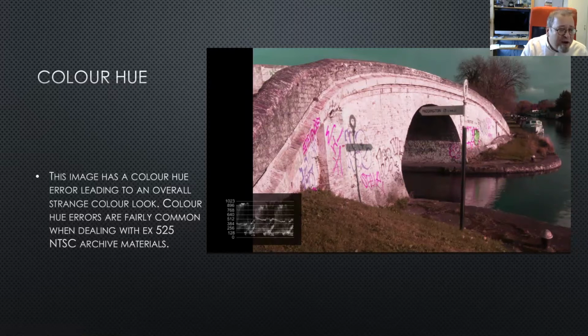So that's America, South America, Japan, and Asia. Very common when dealing with archive from those sorts of countries. You'll need to use the hue control to get yourself out of it. It tends to have this kind of effect, produces very magenta reds and very, very weird greens, and it's fairly easily spotted. So that's a color hue error.